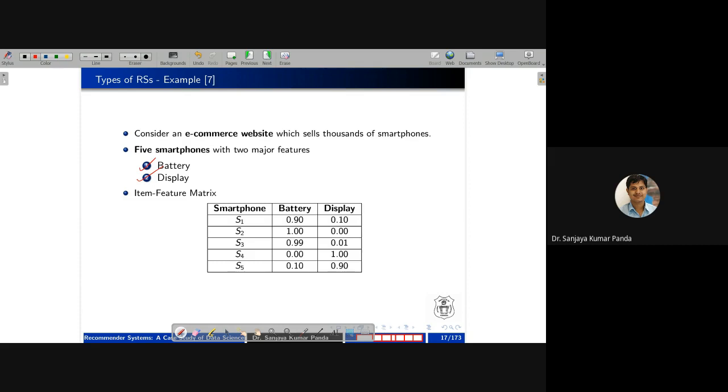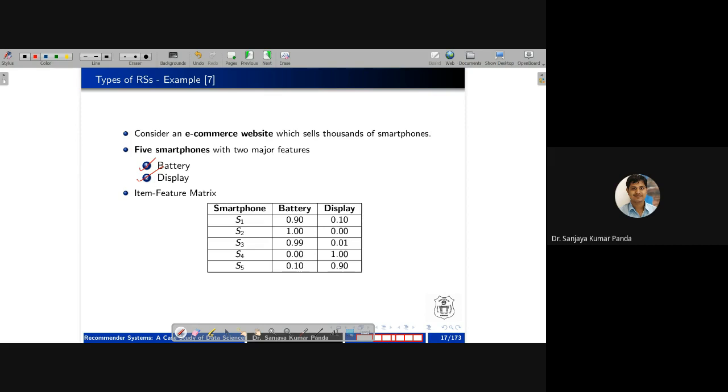So what is a feature? A feature indicates that you are going to give some numeric value to battery or display, so that you can see these features in a particular user too, not only in the item. So we compare the feature values given by the user with the feature values given for the item. Now I'm showing you the first matrix, called the item feature matrix.